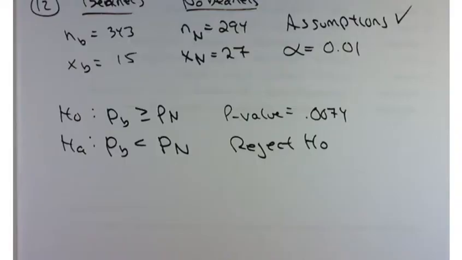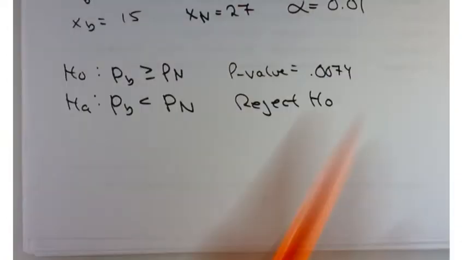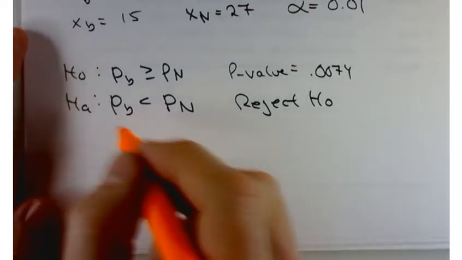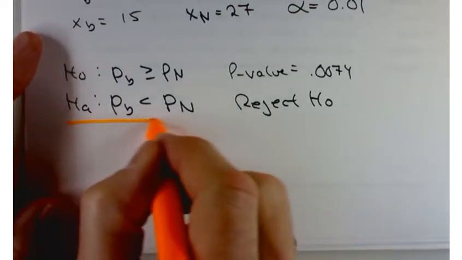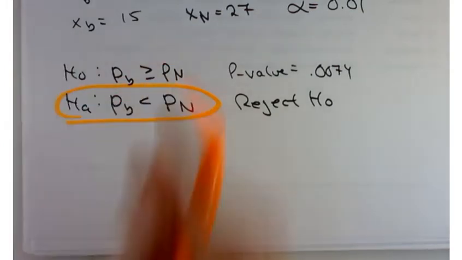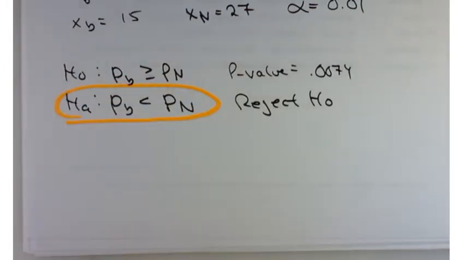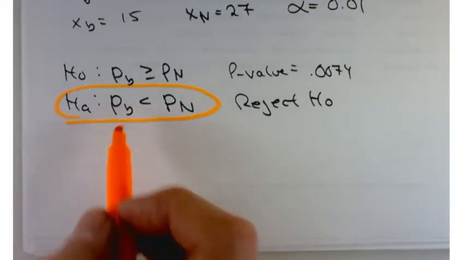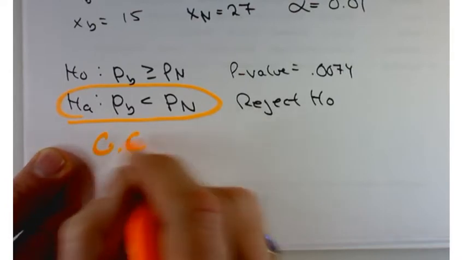Let's see if we can word our claim. The original claim was which one of these? This one, wasn't it? We wanted to test the claim that the incidence of malaria is lower for infants using bed nets. So that's this one. That's our original claim.